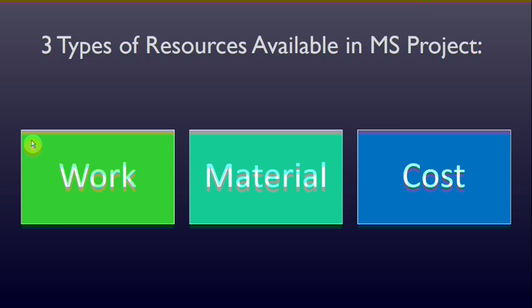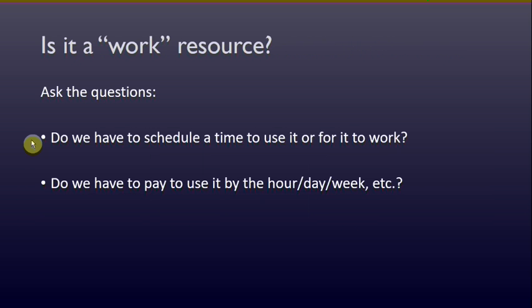Some of the ways that you can assess which category a resource might fall under, some questions that you can ask yourself. If you're trying to figure out whether something is a work resource or not, you can ask yourself, do we have to schedule a time to use it or for it to work?